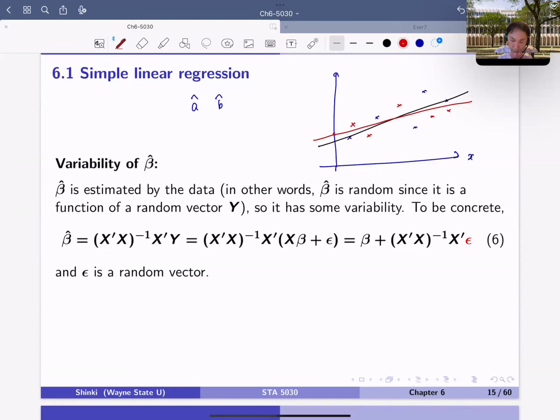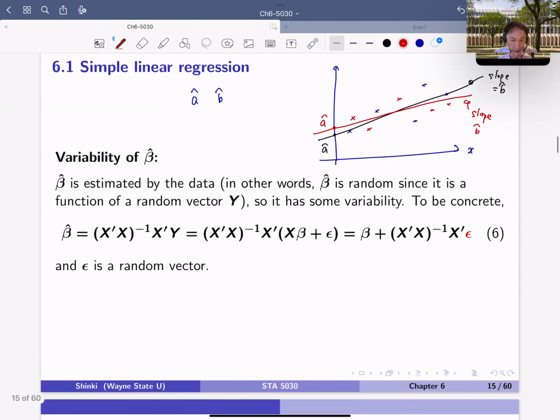So that means we have a different a hat. Maybe the first a hat is here, and the slope is b hat. But for the red one, a hat is slightly larger, but probably the slope b hat is slightly smaller. So a hat and b hat have some variability.